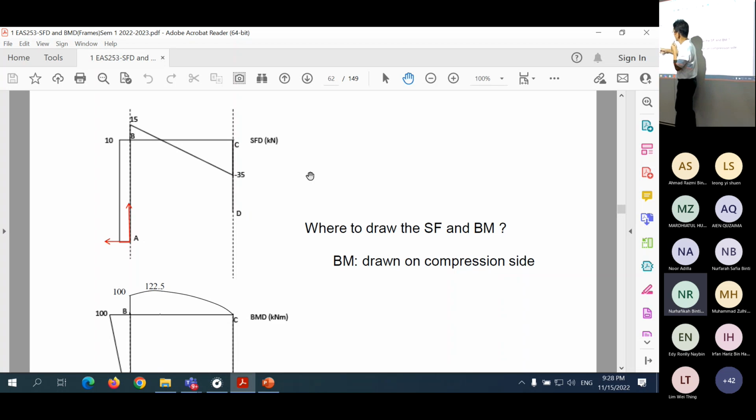So here, the first thing that we need to know is the axis of the member. So we start from this left-hand side. This is the axis from A to B. This is the x-axis, and the one which is perpendicular to this will become the y-axis. Then if you go to here, this becomes the x and that becomes the y.